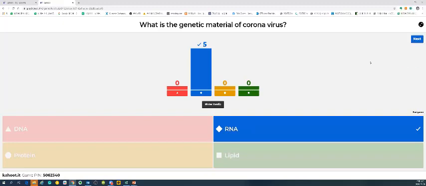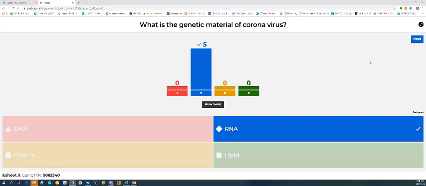Now, the previous question: which would be the essential material for a virus? Some viruses use DNA as genetic information. Some viruses use RNA as genetic information. Some viruses have a protein coat, and some of them use a lipid membrane.